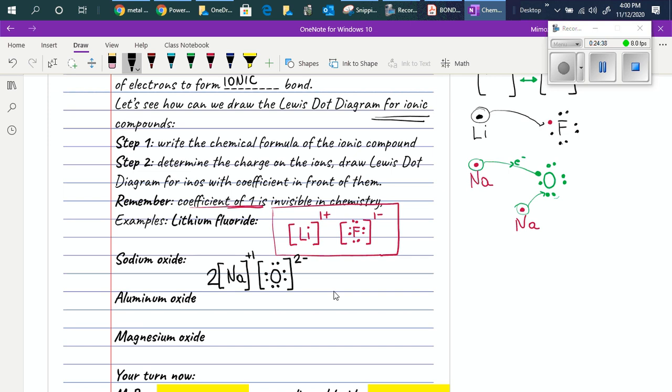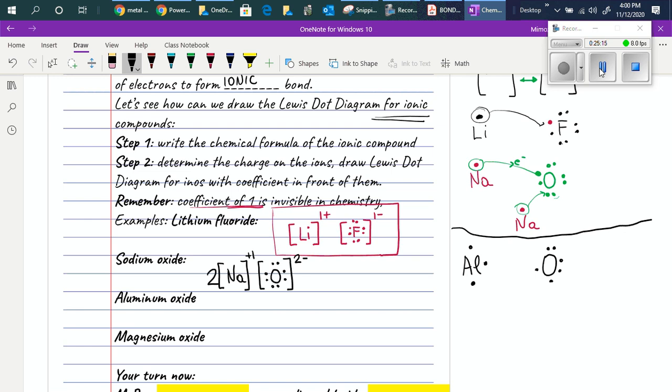So aluminum has a charge of +3. So, and oxide has a charge of 2. Okay. So when we draw the aluminum atom, then we will have aluminum 1, 2, 3. And what is happening here with oxide is 1, 2, 3, 4, 5, 6.